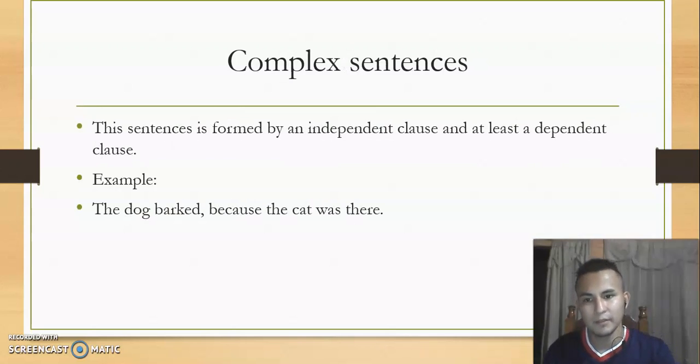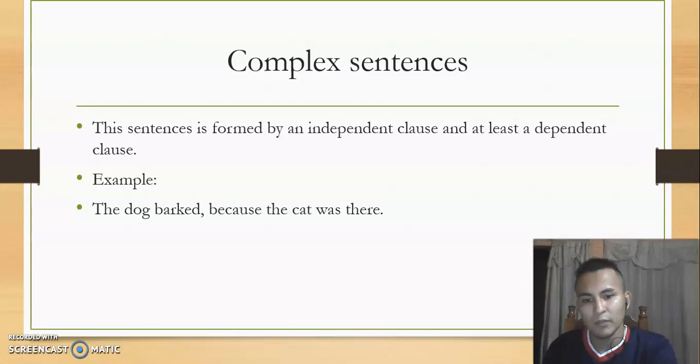Now, complex sentences. This sentence is formed by an independent clause and at least one dependent clause. Example: the dog barked because the cat was there. The dog barked is the independent clause because it doesn't depend on the other words or clause after it.